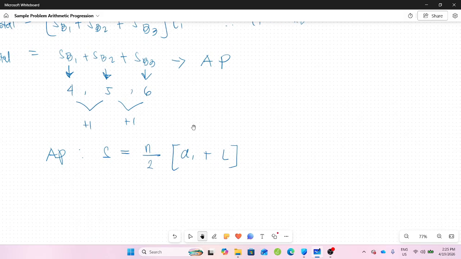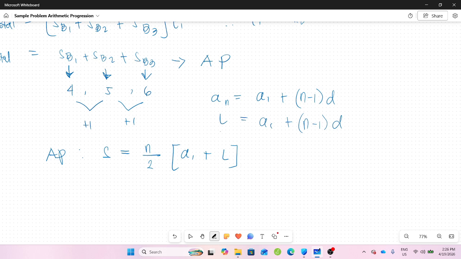However, since this is an arithmetic progression, the value of the term can be calculated using this equation, a1 plus n minus 1 times d. So for L, this should be a1 plus n minus 1 times d.